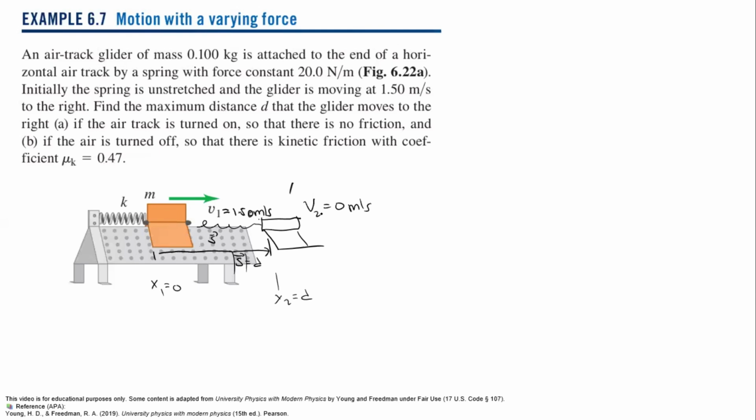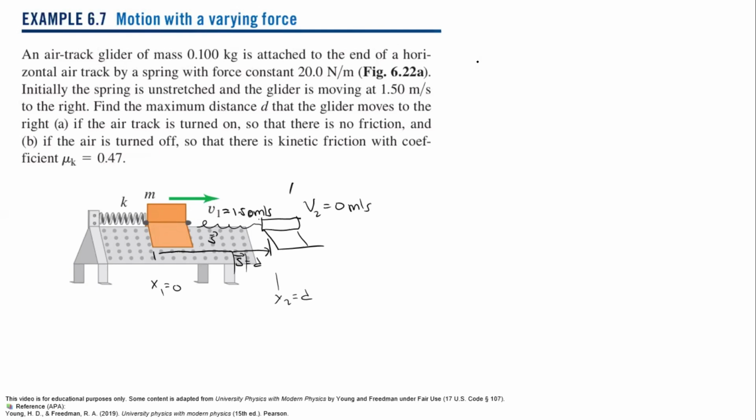So the problem is to find this maximum distance your glider can reach if there's no friction, the initial velocity is given, the spring constant is 20 newtons per meter, and the mass is 0.1 kilogram.